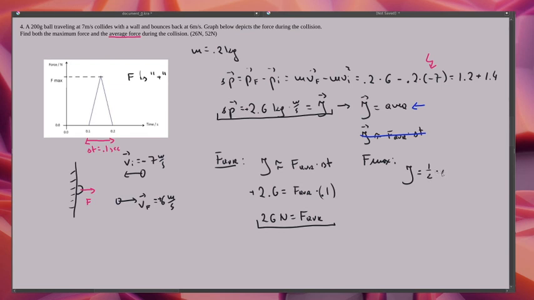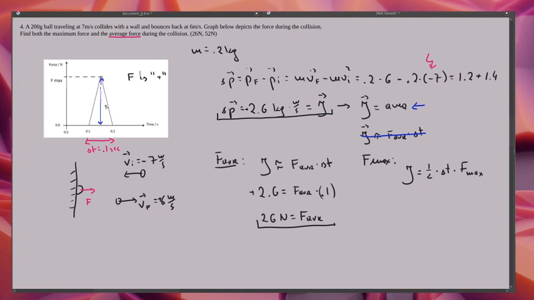The base is just delta t, the base of the triangle, and then the height of the triangle. The height of the triangle is maximum force.